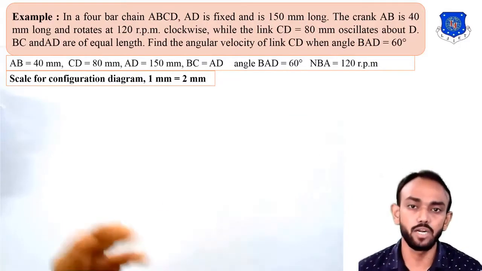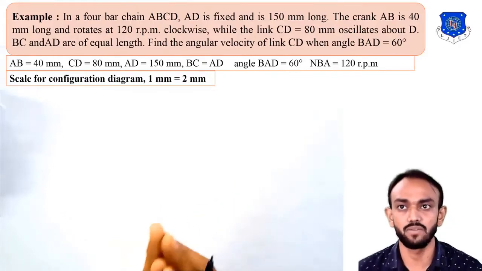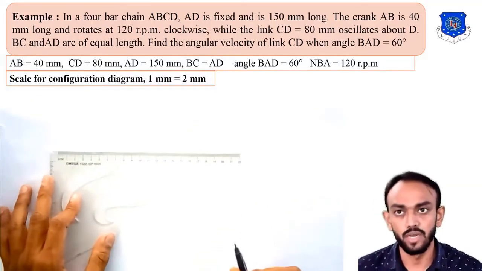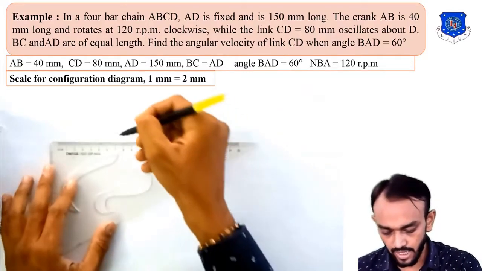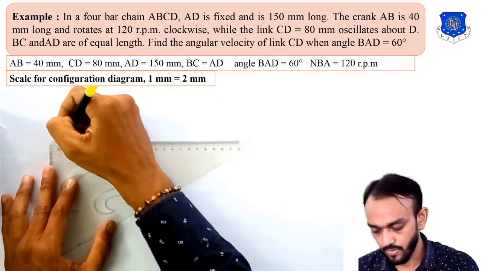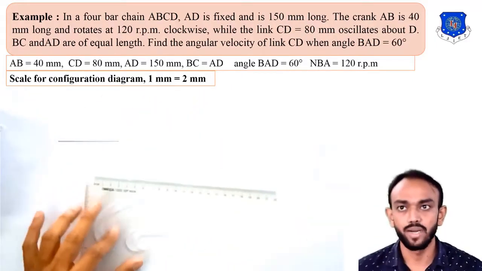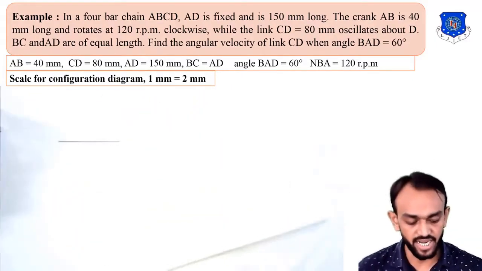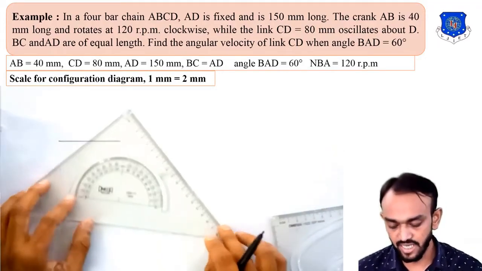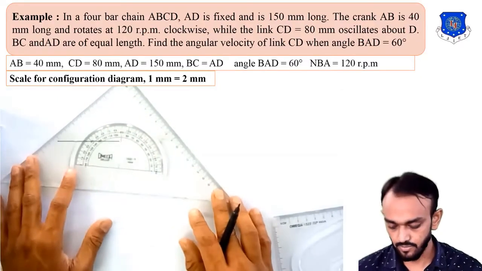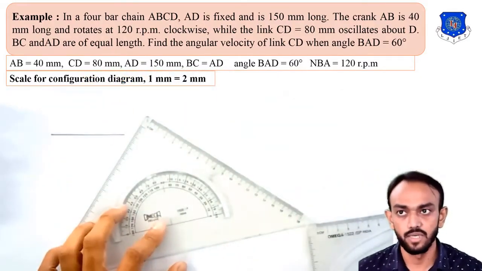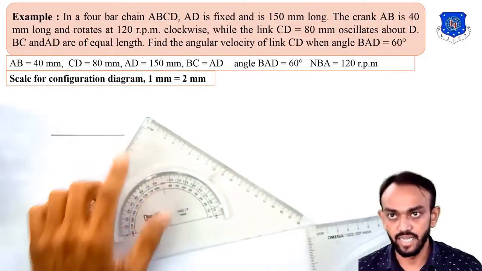displacement diagram. How can we draw this displacement diagram? First of all, start with the AD, which is fixed. So AD is equal to 150, but in our drawing sheet it will be 75 mm. Now what is given? The angle BAD is given. What is the angle given? 60. So we will take the 60 degree here.